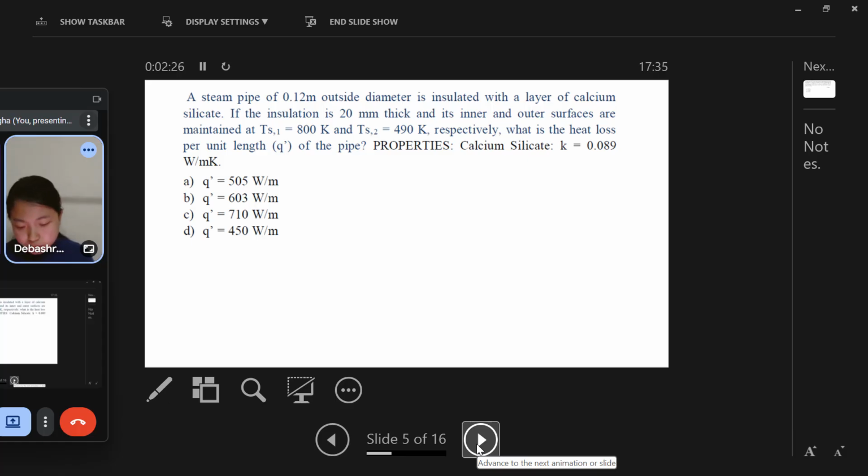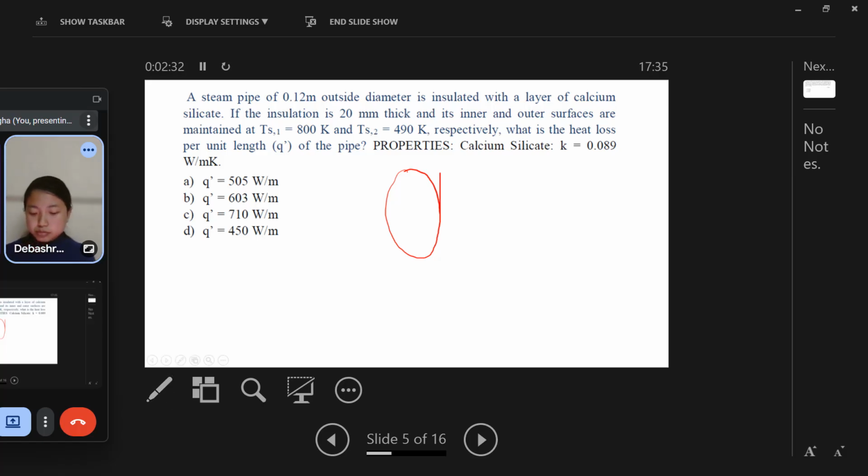It means there is a steam pipe, and this is the outside diameter of the pipe.